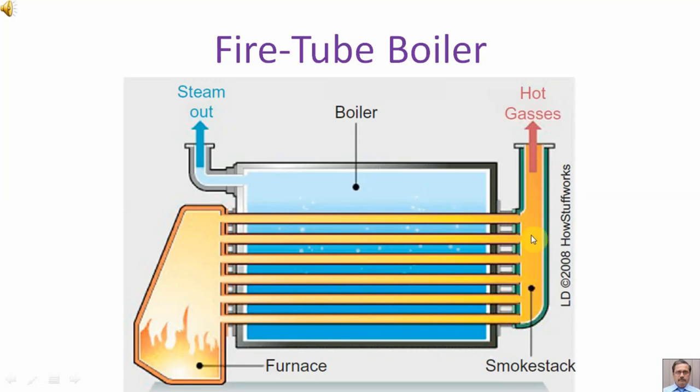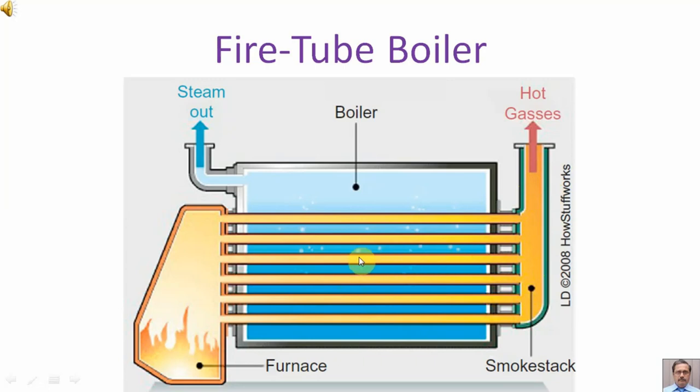So, in the furnace, there is fire, and the product of combustion, that is hot gases, is coming out from the furnace and going through the tubes, and then the hot gases are passing out to the atmosphere through the stack. These tubes are filled with hot gases, so they are called fire tubes.